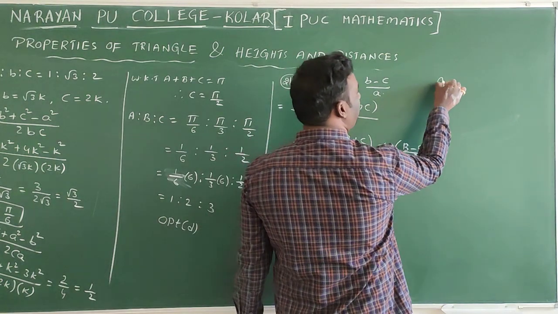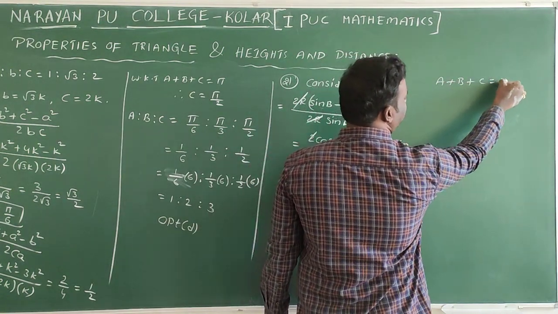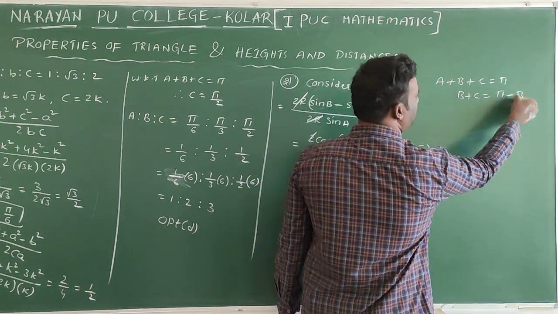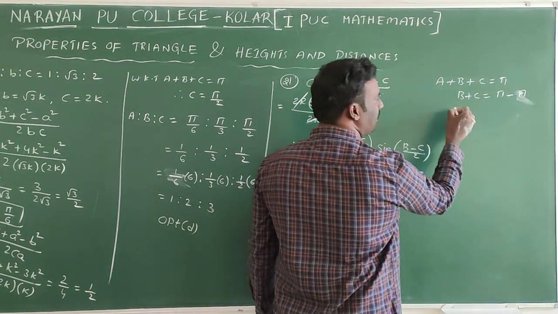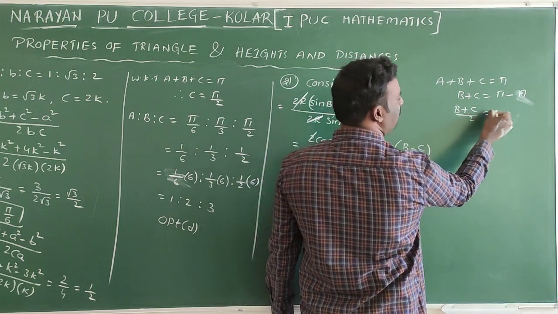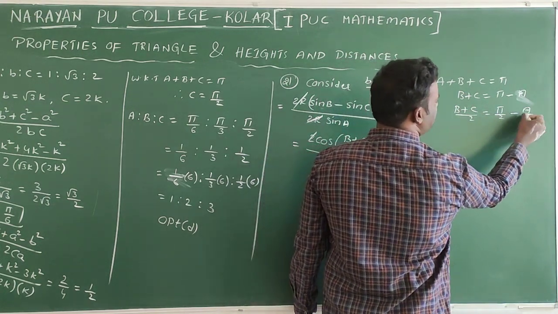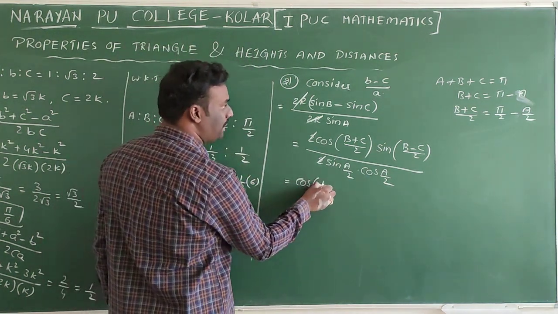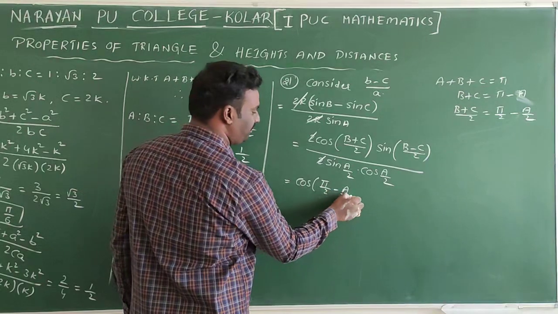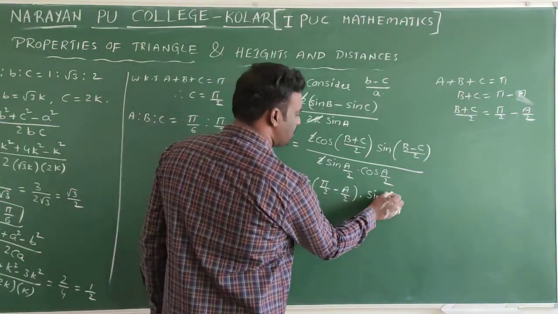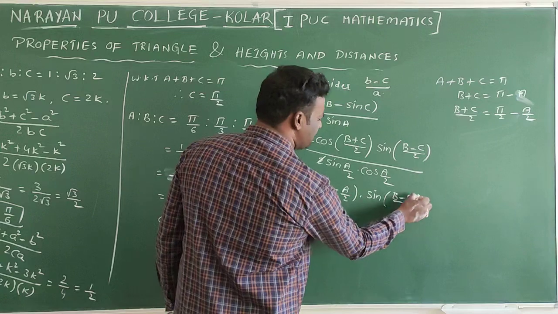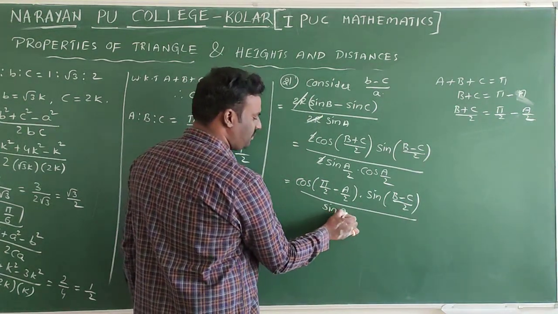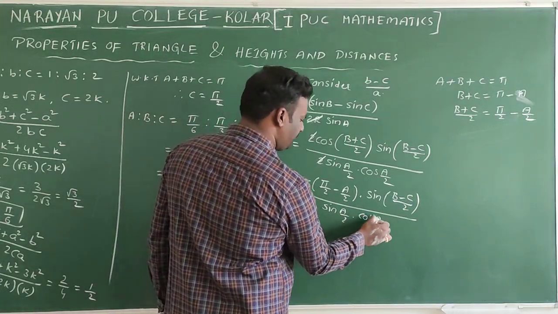Already we know the sum of angles is 180. From this you can write B plus C is equal to π minus A. Then (B + C)/2 is equal to π/2 minus A/2, we can substitute. Now that equals cos(π/2 − A/2) into sin((B − C)/2) by sin(A/2) into cos(A/2).